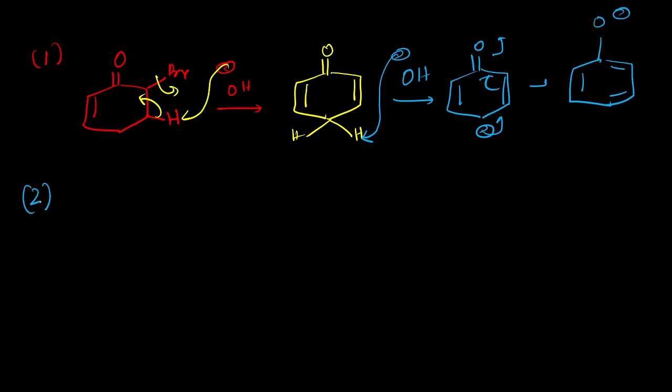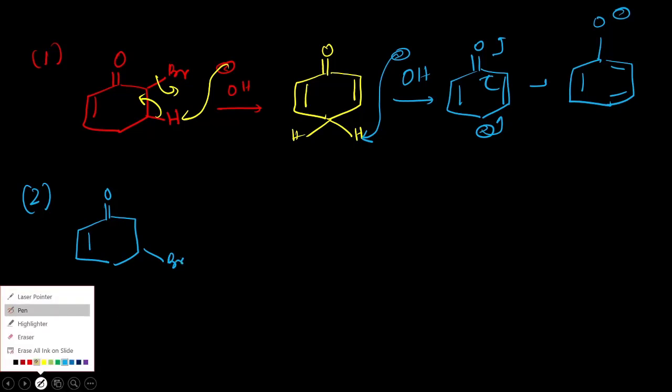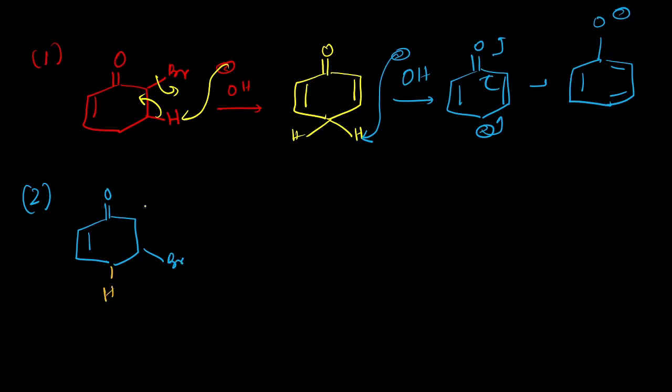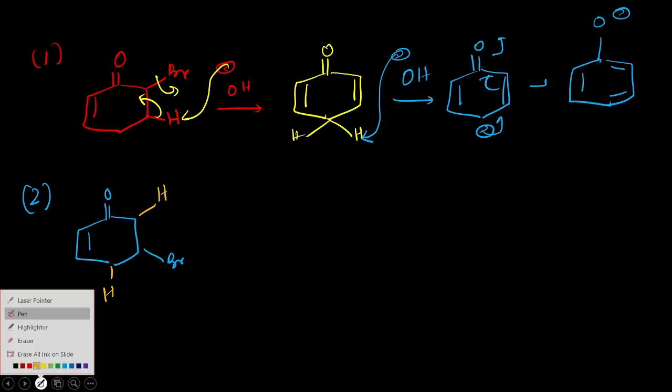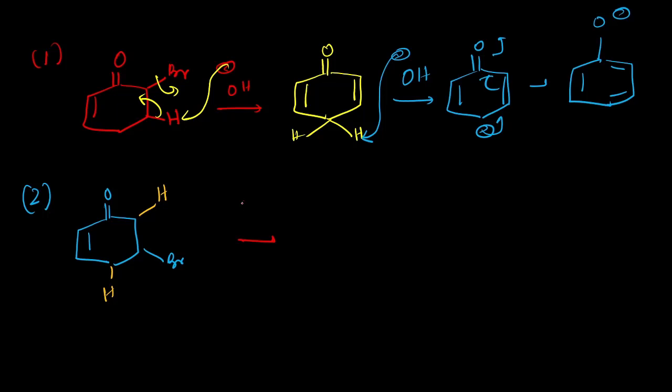If we start with the second molecule, now we have two options. One is this hydrogen, another is this hydrogen, but first we have to remove the most acidic hydrogen, as C double bond O is a strong electron withdrawing group.